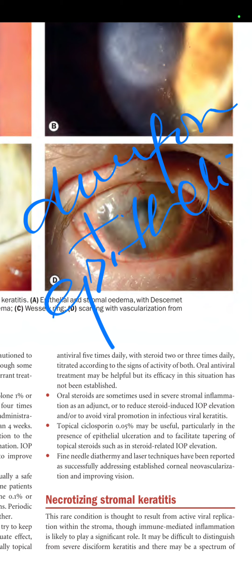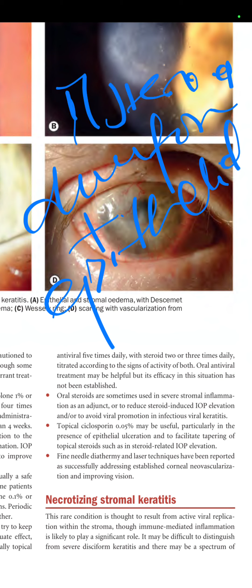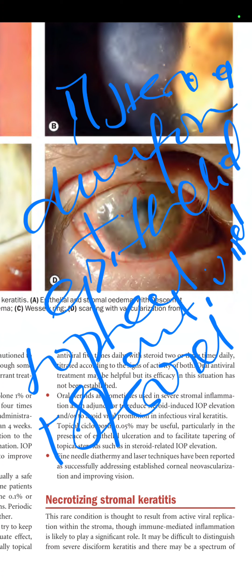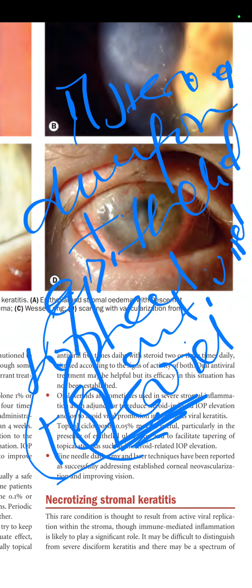We know that disciform keratitis is treated with steroid, but the epithelium tends to worsen with steroid. In this case, we give topical antiviral as the main treatment first, and we keep the steroid to a minimum dose, or we do not give it until the epithelium heals. When the epithelium heals, we give the steroid accordingly.